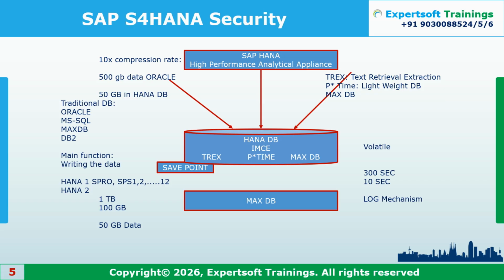But compared to traditional databases, HANA has powerful writing and reading capability. MaxDB is the backup functionality. For example, if you shut down the HANA database, we don't lose the data because we have a backup functionality. So this is a powerful reading capability, this is a powerful writing capability, and this is the backup functionality. By using these three technologies, HANA is developed.